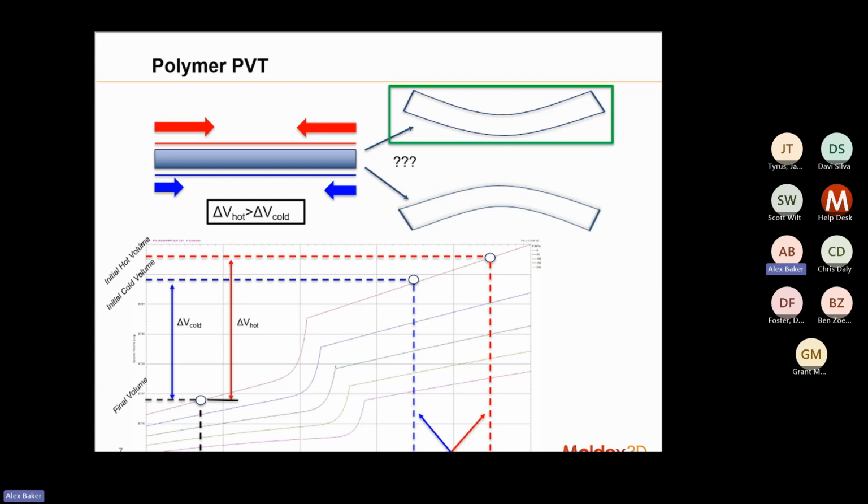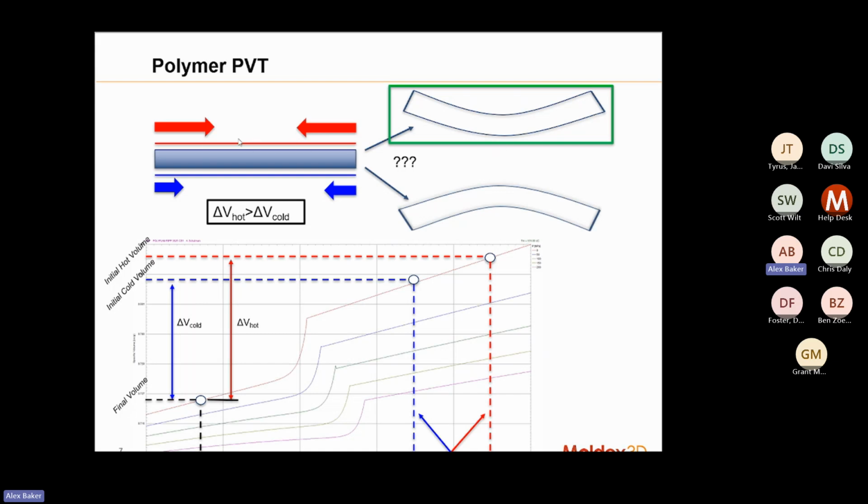The PVT comes into play across the entire geometry, but as it applies to cooling specifically, if I were to think of a flat plaque, if I have one surface that's a little bit hotter than the bottom surface, like a 10 degrees difference, then I'm actually going to see that the material on the top side shrinks inwards a little bit more than the material on the bottom side. And that actually pulls the part in this situation into more of a smiley face configuration.